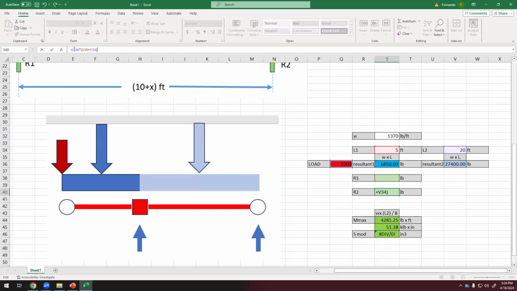Then you go plus parentheses 0.5. Resultant one first. Resultant one times parentheses 0.5 times L1.